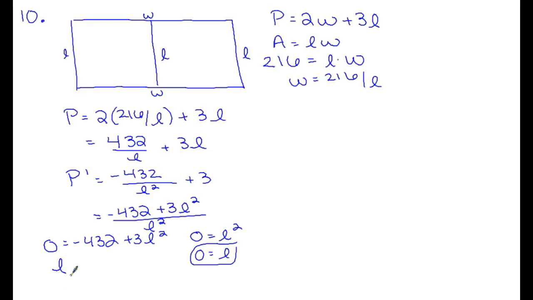I don't know, 432 divided by 3, it has to be 144, because the square root is plus or minus 12. I just wrote down plus or minus 12. So again, cannot have a negative length. We cannot have a 0 length. So what that does is give the only true working answer to be 12.